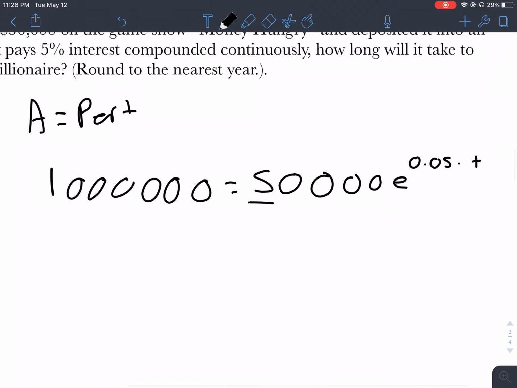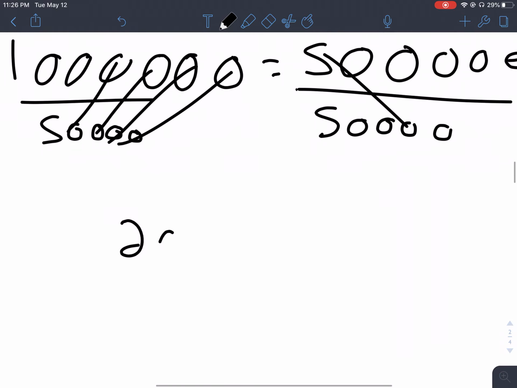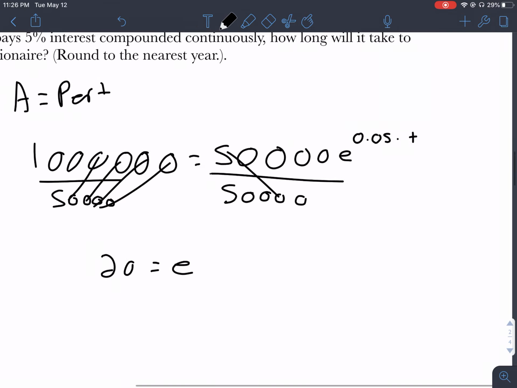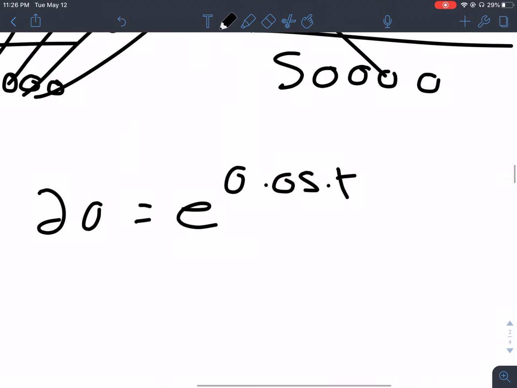So first thing we're going to do, divide both sides by 50,000. Okay, so that cancels out. 1, 2, 3, 4. So 1 million divided by 50,000, that's 20, equals e to the 0.05 t.